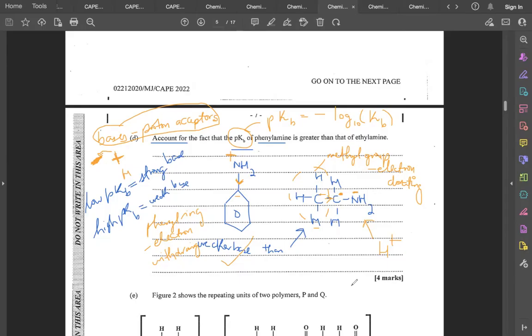So then you can start to think, okay, what is attached to the center that's going to be accepting protons or donating protons? And then you can be like, okay, this is a withdrawing group, so it's going to make here positive. This is a donating group, it's going to make here negative.